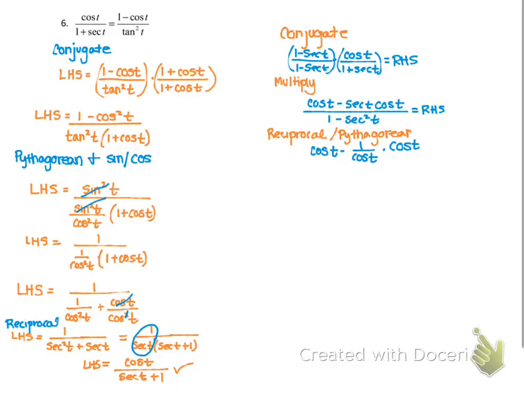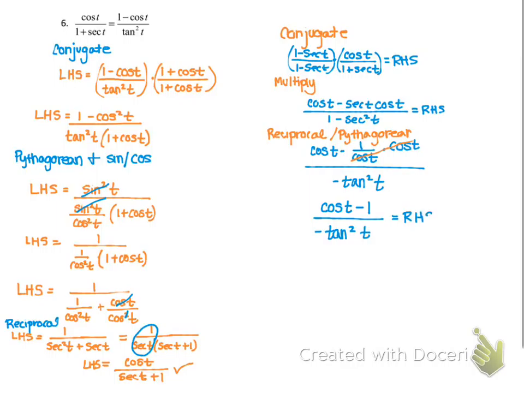So this is actually going to equal negative tangent squared. And that negative is going to come in handy because we have a subtraction going on. Okay, so I can simplify my cosines here. So then I'm left with cosine t minus 1 all over negative tangent squared t.